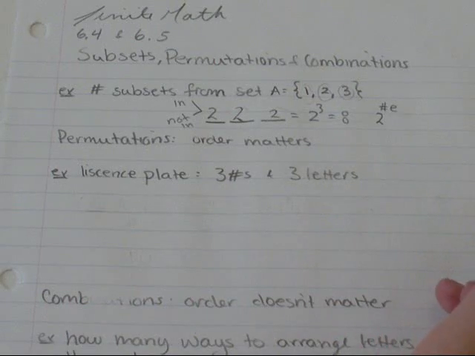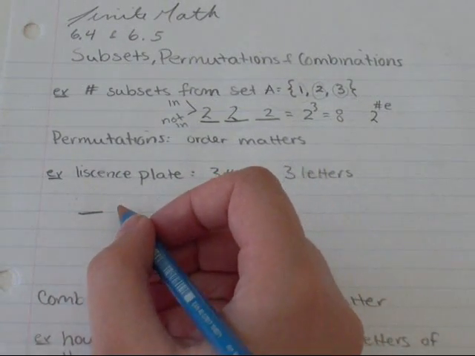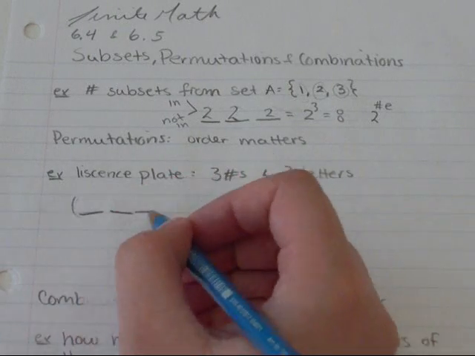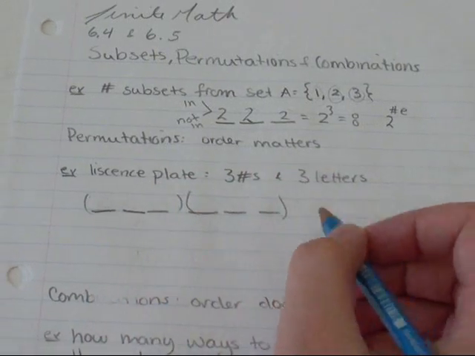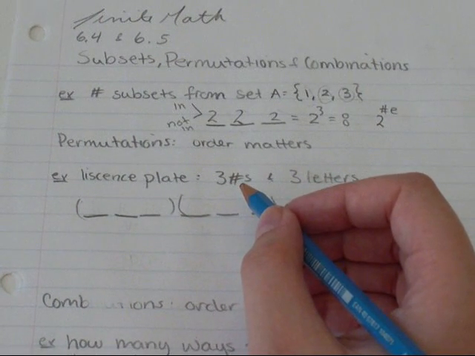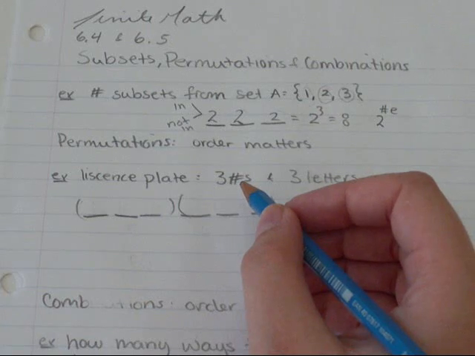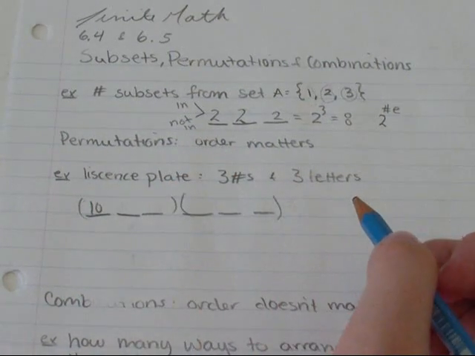So I'm going to draw my little slots. So I've got 3 numbers and 1, 2, 3 letters. So for my numbers, I can have 0, 1, 2, 3, 4, 5, 6, 7, 8, or 9, which is 10 options.